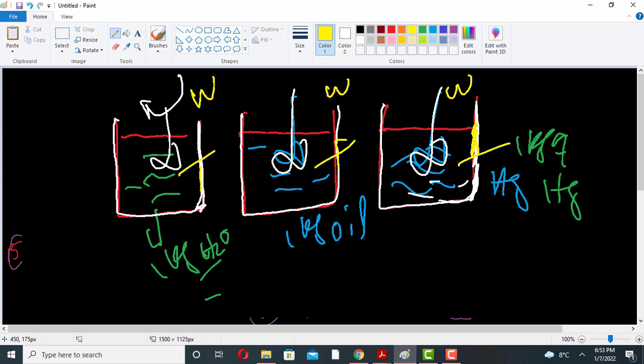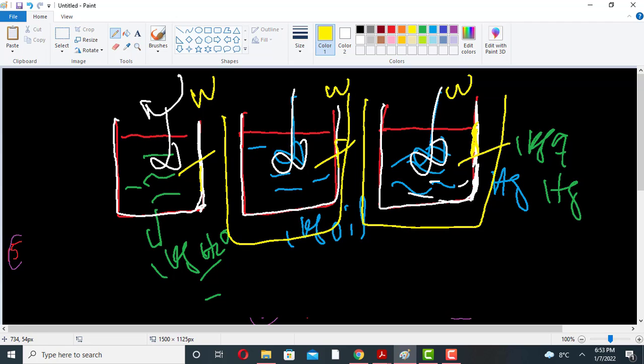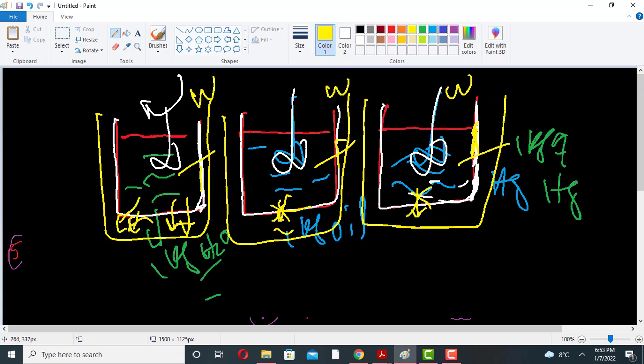Now if there is no cool water surrounding this beaker, and the heat is not transferring from the small beaker to the large beaker, then the heat energy will stay here as work is done on this system.